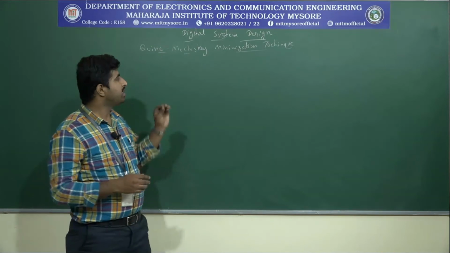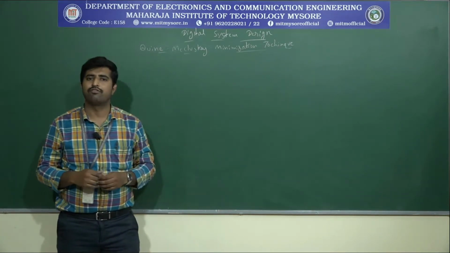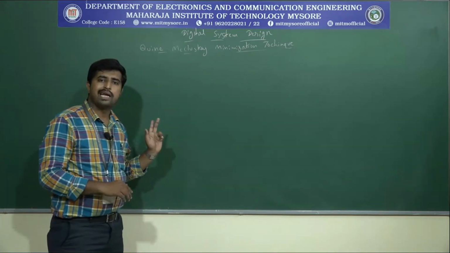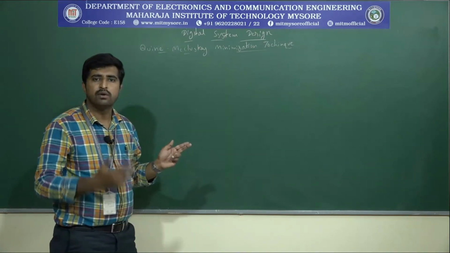In our syllabus, we are going to learn the Quine-McCluskey technique for 3 variables and 4 variables. So let's take an example and understand the Quine-McCluskey method simultaneously by solving that problem.